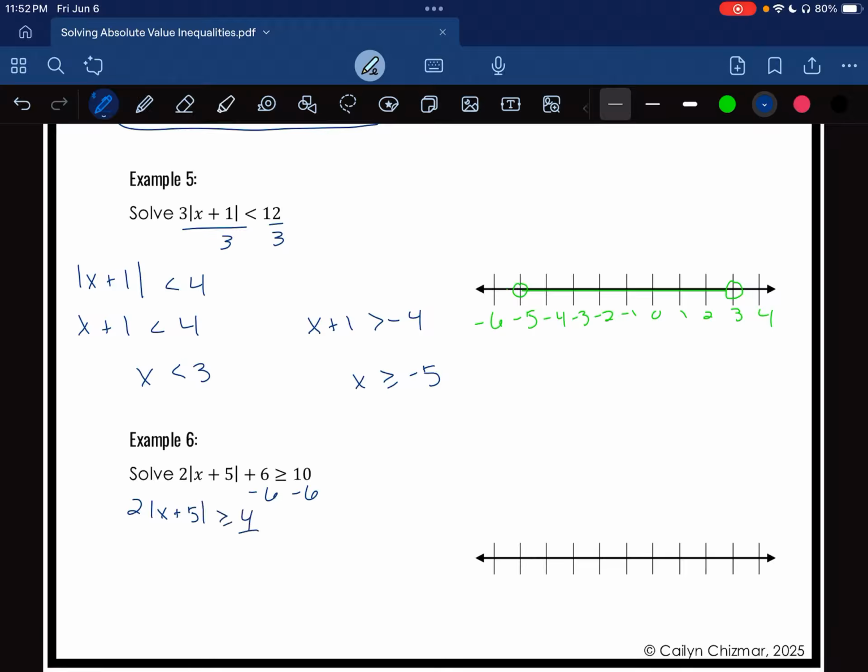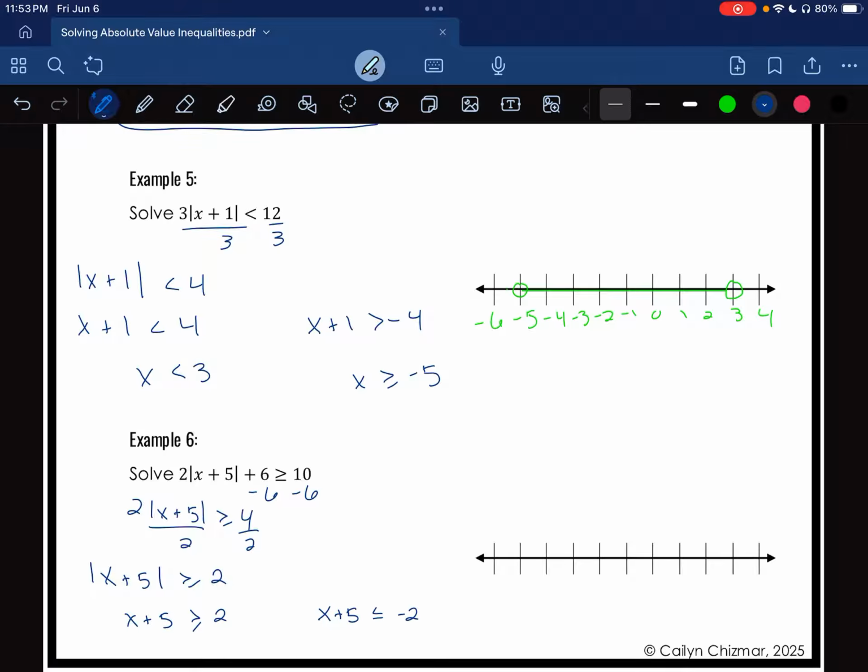Divide by 2. The absolute value of x plus 5 is greater than or equal to 2. So if x plus 5 is greater than or equal to 2, x plus 5 is less than or equal to -2.